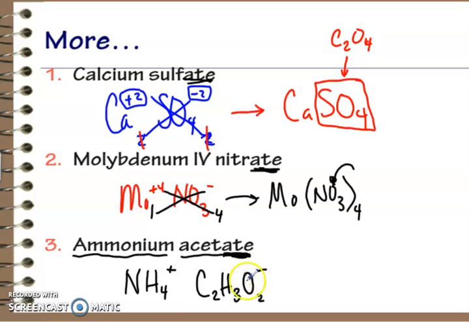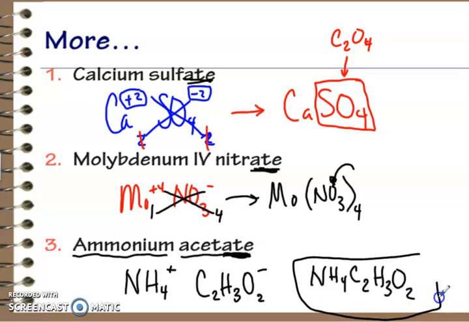You don't have to do anything with it because it's a 1 and a 1, and we don't write 1, so it's just NH4, and then C2H3O2, and it's done. You don't have to put parentheses around this because the number was a 1 right here. So, oopsie. There, I fixed it. Anyway, so that's how you do the purple polyatomic ion charts.